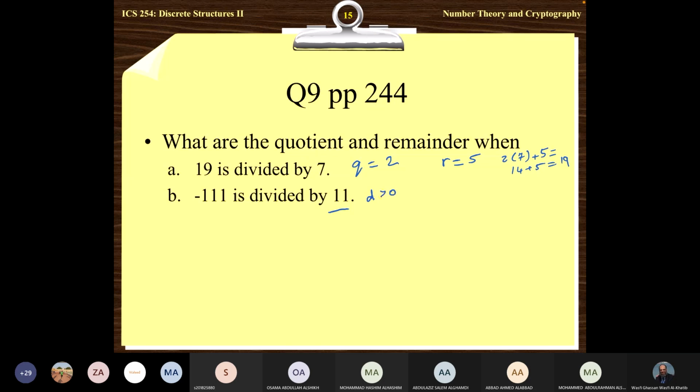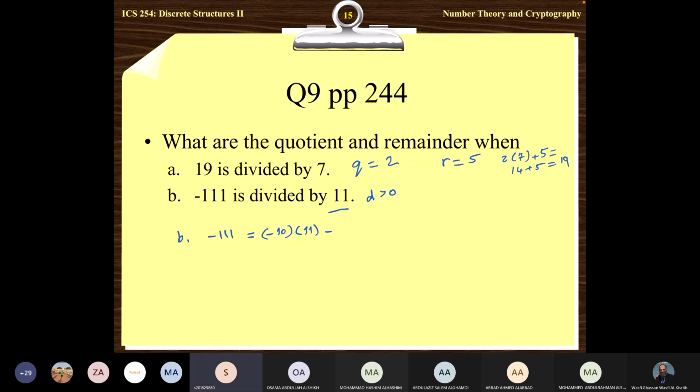I understand what you did in order to solve part B. You said, well, minus 111 is equal to minus 10 multiplied by 11. So this will give how much? Minus 110, right? To become minus 111, what do I need to do?